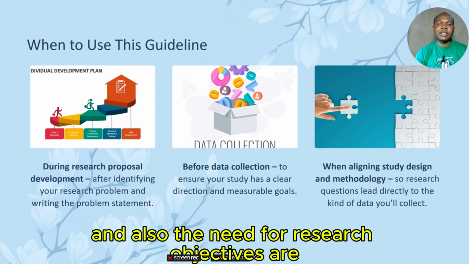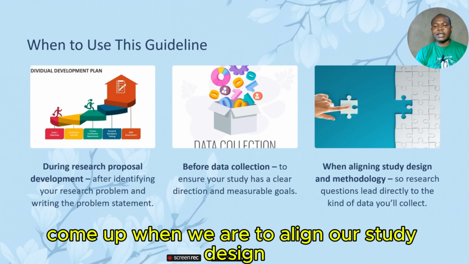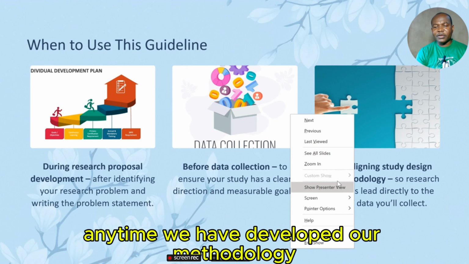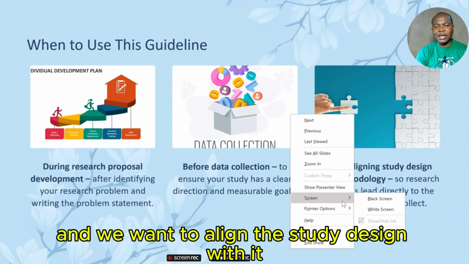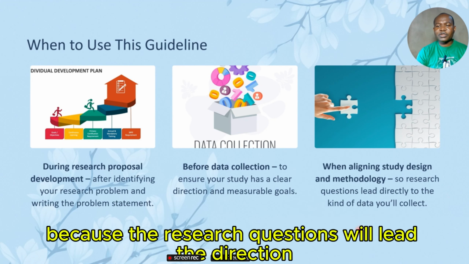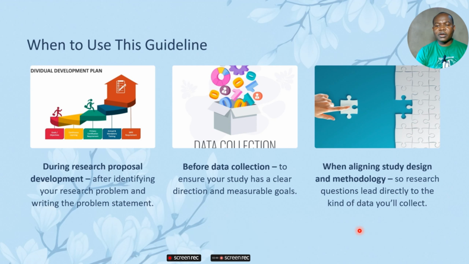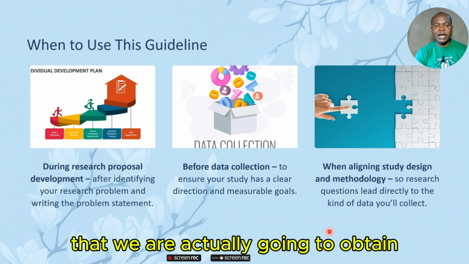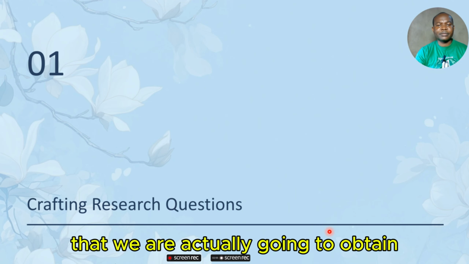And also, the need for research objectives comes up when we are to align our study design with our methodology. Anytime we have developed our methodology and we want to align the study design with it, then objectives become important because the research questions will lead the direction. It will directly link us with the kind of data that we are actually going to obtain.